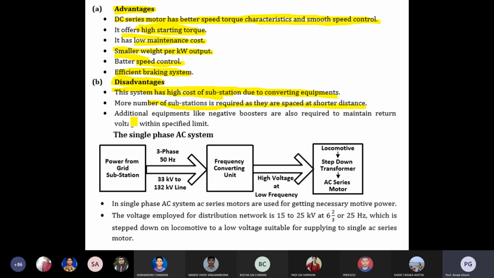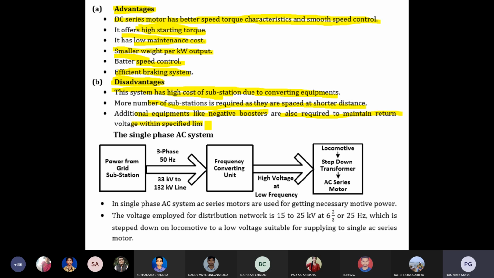Additional equipment like negative boosters is also required to maintain the line voltage within the specific limit. Otherwise, what happens? There is a huge load, so voltage dropping will be there. So you have to install the booster transformer at given distances. If you are not providing the booster transformer, then the contact wire and the catenary wire that provide electrical energy to your locomotive will see the voltage dipping.